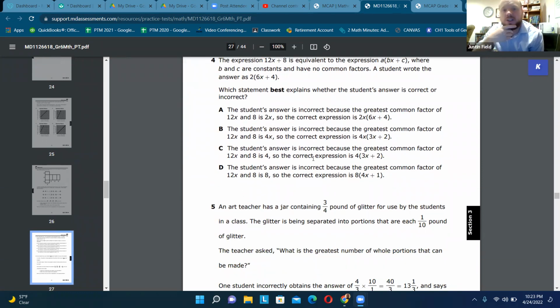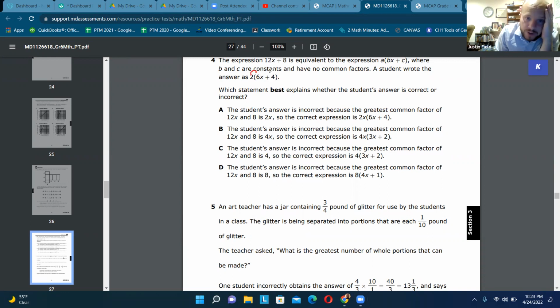The expression 12x plus 8 is equal to the expression a times bx plus c, where b and c are constants. That means just numbers and have no common factors. So a student wrote the answer 2 times 6x plus 4. Okay. Is it equivalent?